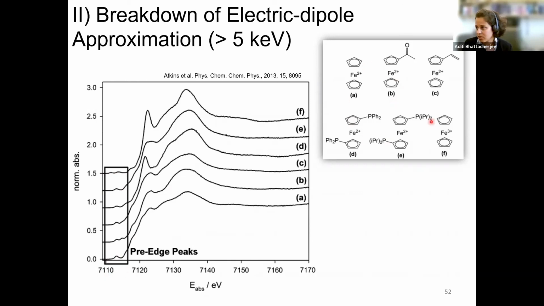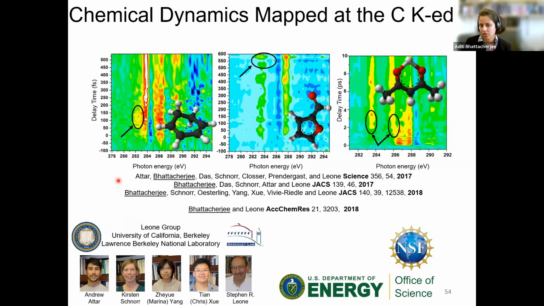So these are some ferrocene molecules which I'm thinking about more and more lately, and what you see here are 1s to d type transitions that occur because of the breakdown of the dipole approximation at the hard X-ray limit above 5 keV. So indeed, we think that X-ray absorption spectroscopy, not just at the carbon K edge, but utilizing the broadband, the tunability, and the access to multiple absorption edges could be a universal probe of molecular dynamics.